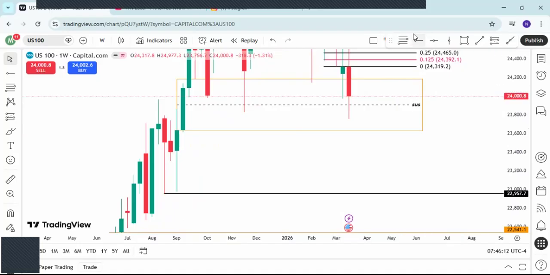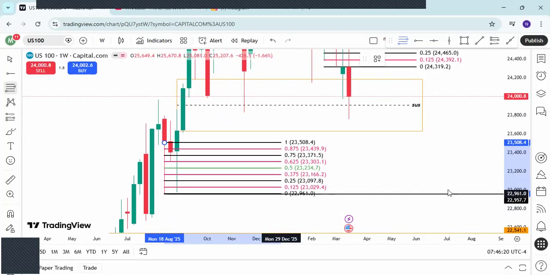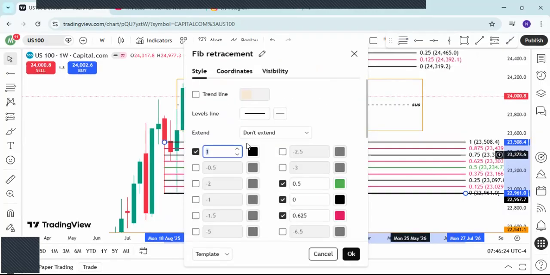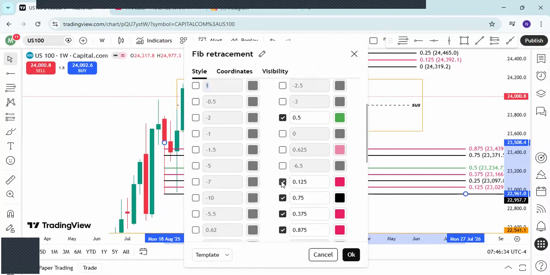We can do something like this: take a fib, put it on the low there, extend it, and we're going to leave only half. That's what we're going to look for initially, right?